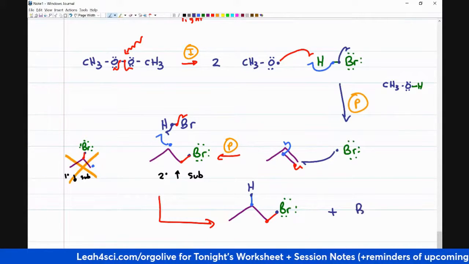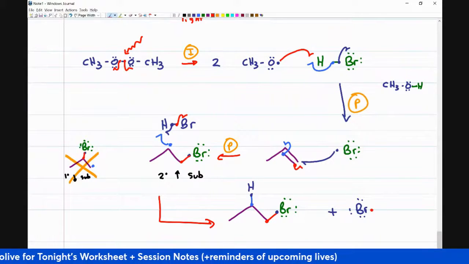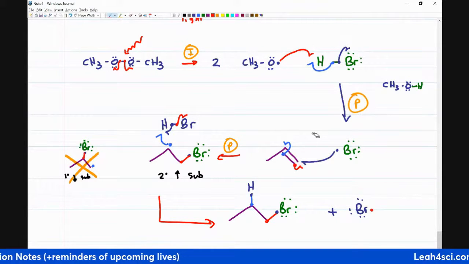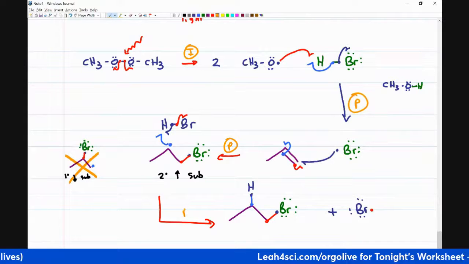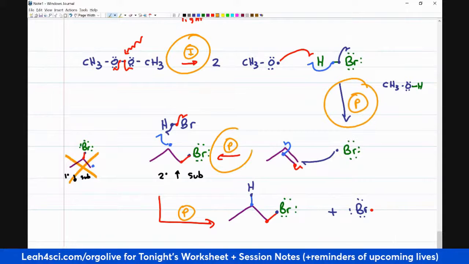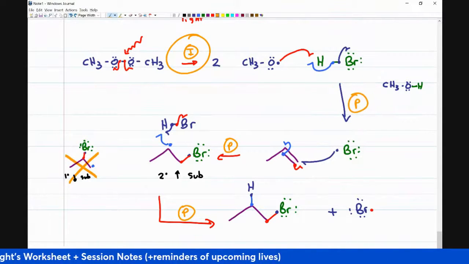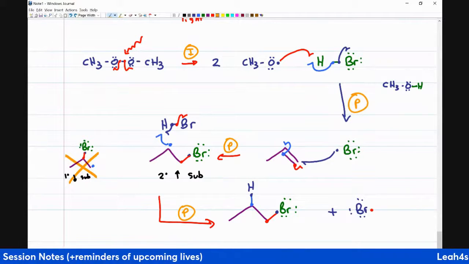And somewhere in solution, we have another bromine radical, which will continue the reaction by attacking yet another alkene, and another alkene. Once again, a propagation step and no termination. Look at that. Initiation, propagation, propagation, propagation, and it will continue with propagation until all the molecules are used up.